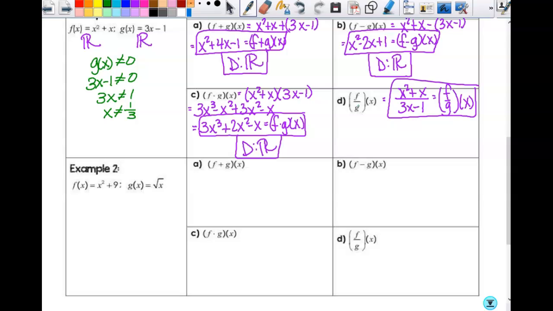No, oh my gosh, no. If you divide by 0, you do not get 0. You get undefined. Okay, so now that I have this, my domain is not all real numbers. It is all real numbers except I can't have 1/3. So my domain then is the set of all x's such that x cannot equal 1/3.